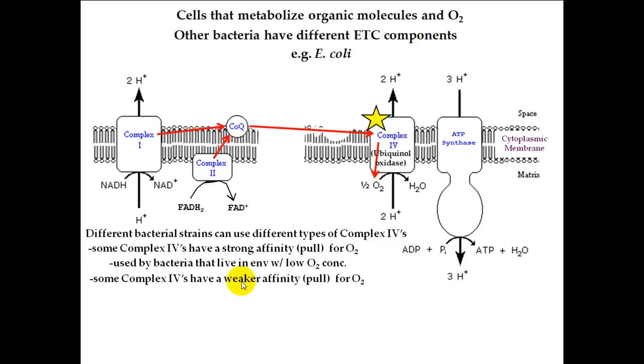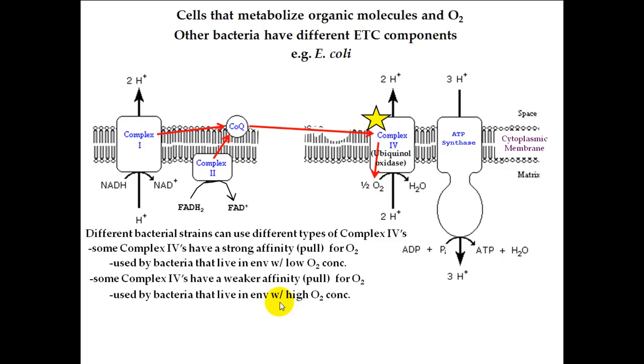The situation where E. coli would want to use this type of complex 4 is if it lives in an environment where the oxygen concentration is really high. And so the idea behind that is this. If you're an E. coli cell and you live in an environment where there's a ton of oxygen, you kind of want to regulate how much oxygen you take in. Because if you take in too much oxygen, it turns out that can be toxic for a cell.